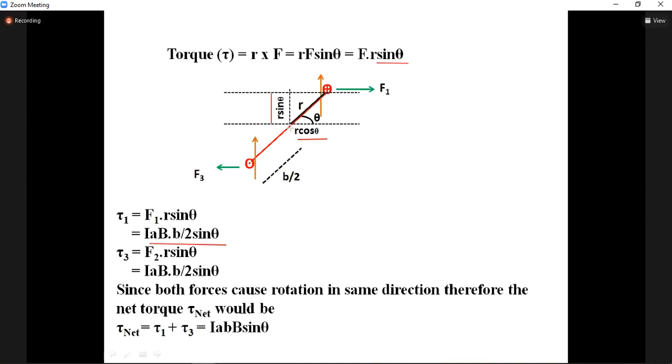Obviously R sin theta, which would be in this direction, will be perpendicular to the force. So this would be R sin theta here, cross F3, and again what will you get? By mistake F2 was written, it is F3. R sin theta is B by 2 sin theta. So is it clear, beta?